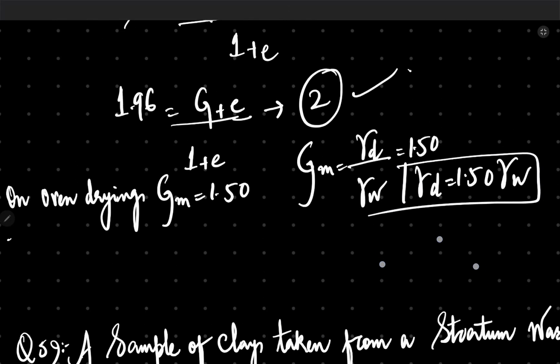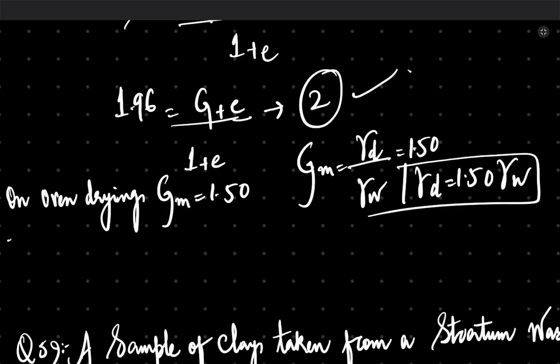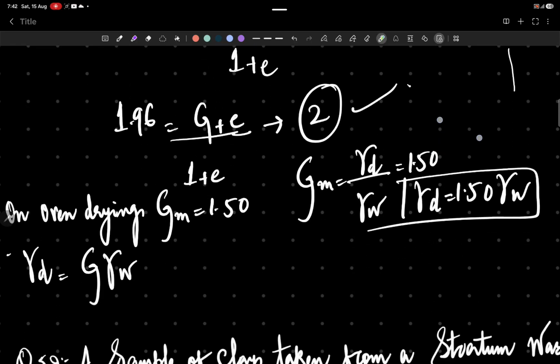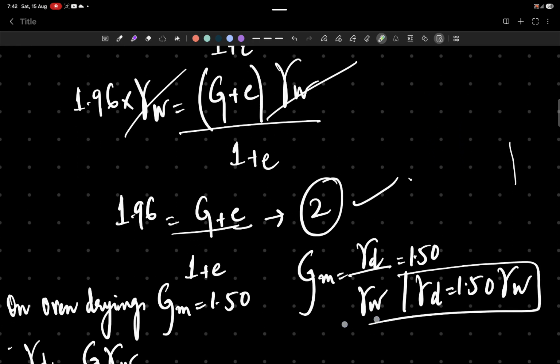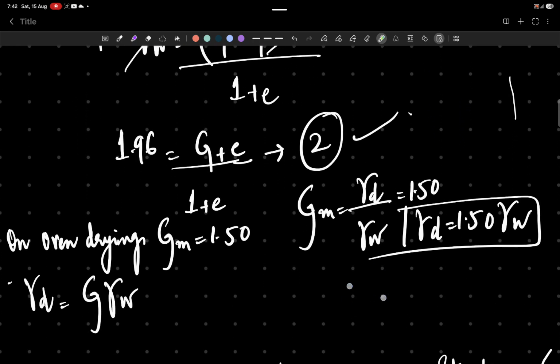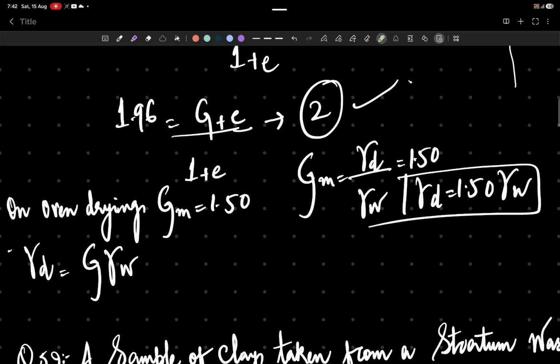All right, so let me use the equation. Dry unit weight, as per the generalized equation, is G rho W divided by 1 plus e. Let me drop it first because I have to do a lot of calculations.